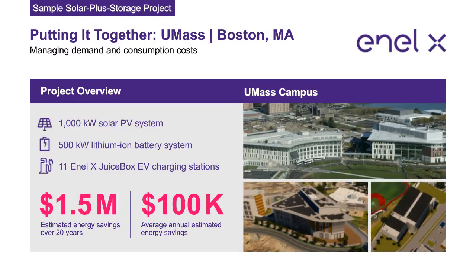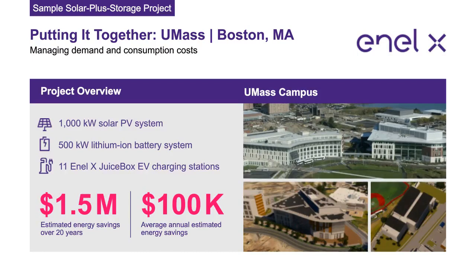So it's receiving the SMART incentive, which is the Massachusetts solar incentive. It's going to be participating in the capacity market and the forward reserves market on the wholesale side, and then it's going to take advantage of the Clean Peak program, on-bill demand charge management savings, and a couple of Eversource utility programs.